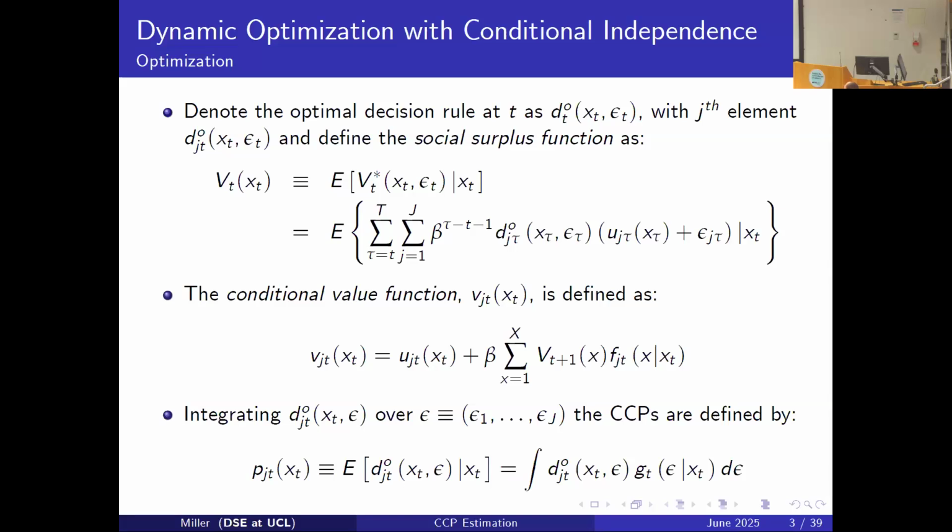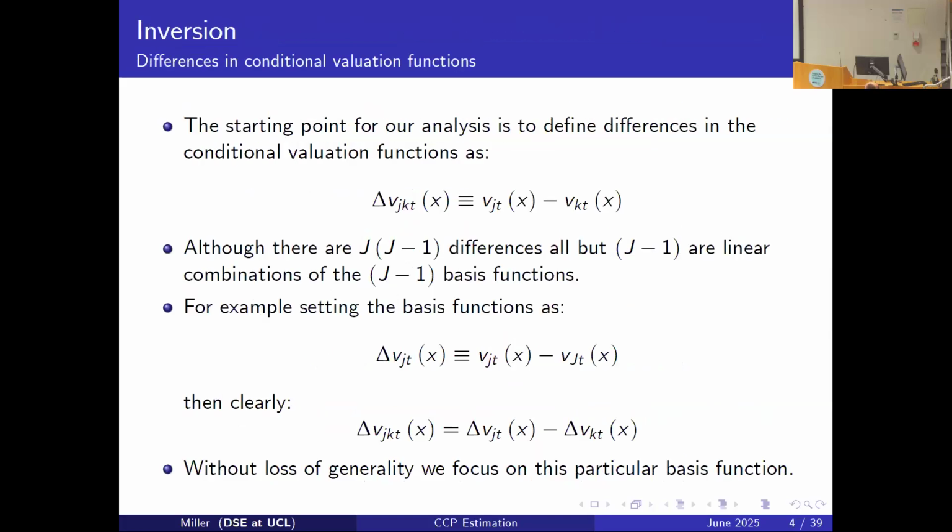If we integrate over the optimal rule, we get the conditional choice probability. Again, just going back to what happened just before break. And so the starting point for this lecture is really to note that for each j and t, there are these differences.